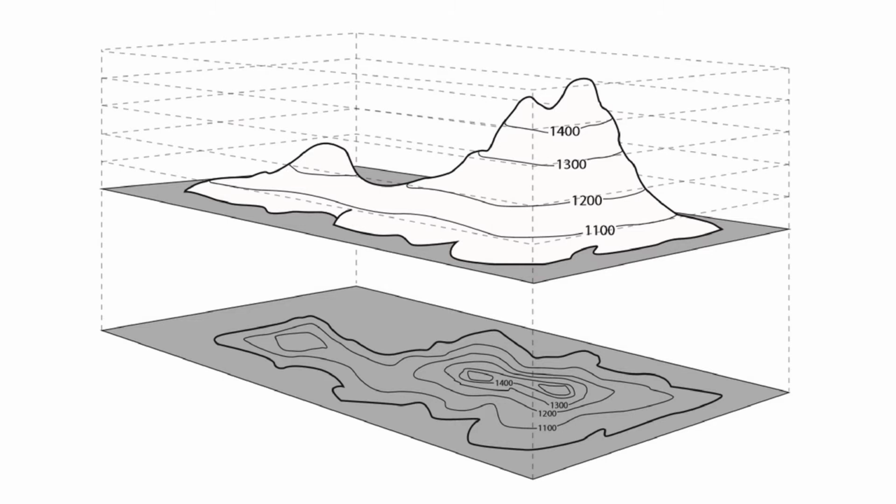A contour line connects points of equal elevation. If you were to walk along a contour line, you would not go up or down in elevation. Contour lines are provided according to a contour interval, defined for a map as the distance in elevation between lines. In this case, the contour interval is 100.